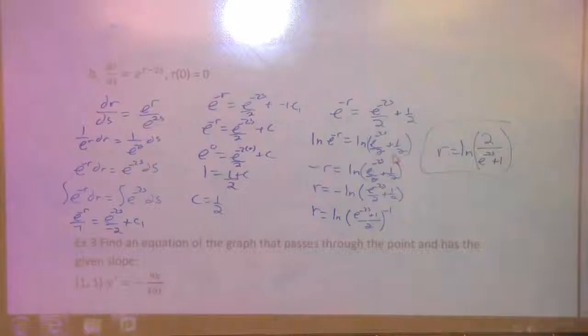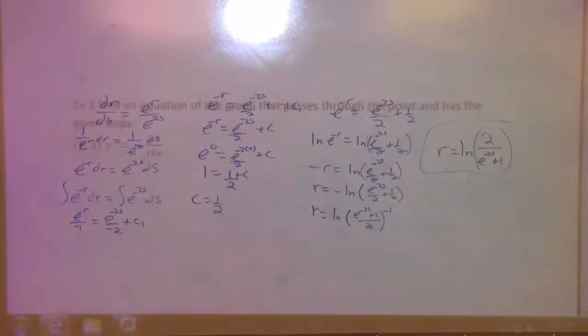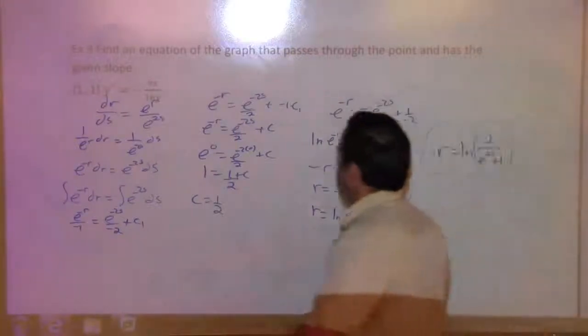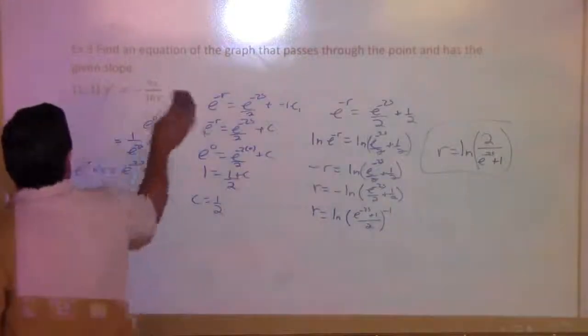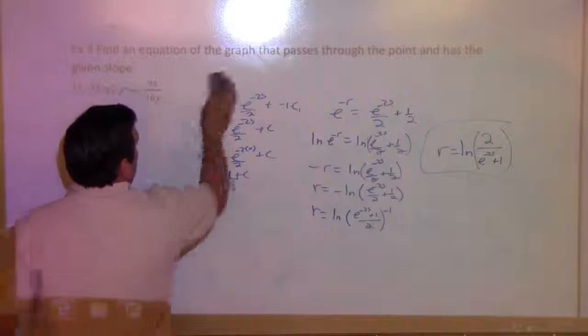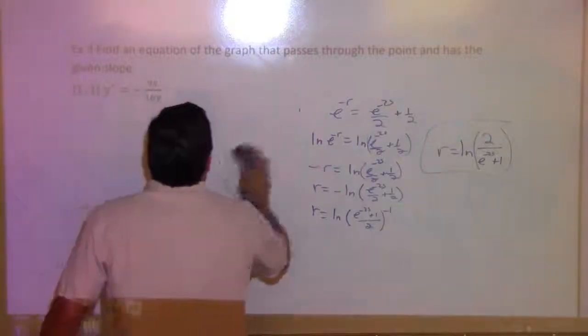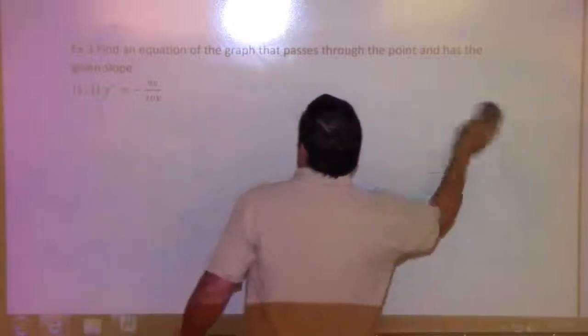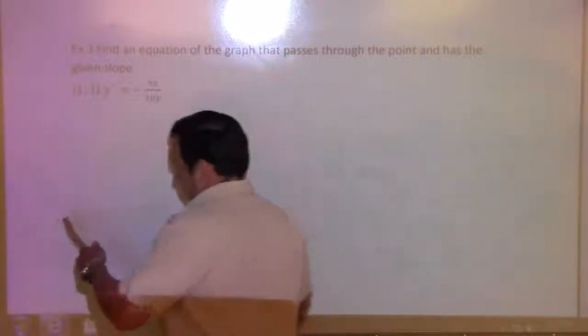Okay, I'm going to go on to example 3 now. Find the equation of the graph that passes through the point and has the given slope. So our slope, y prime, is negative 9x over 16y.